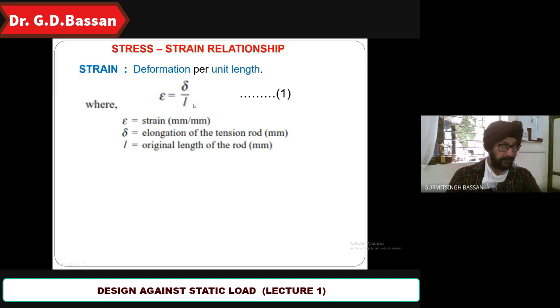Delta is elongation of the tension, that is in mm. How much elongation takes place? That is the difference after the stretching and before, whatever the amount of elongation is there, that is delta. And L is the original length of the rod. So that will give you the strain. And according to Hooke's law, what is Hooke's law?